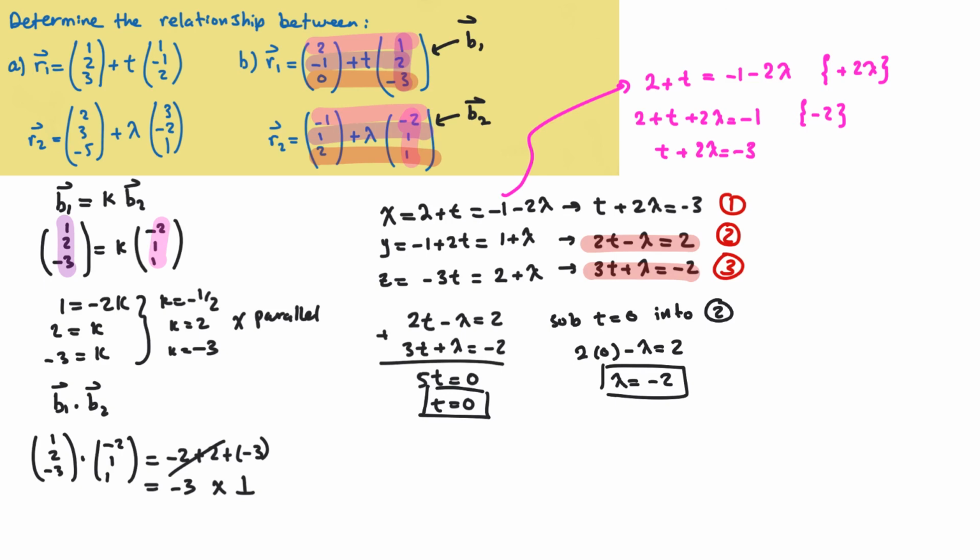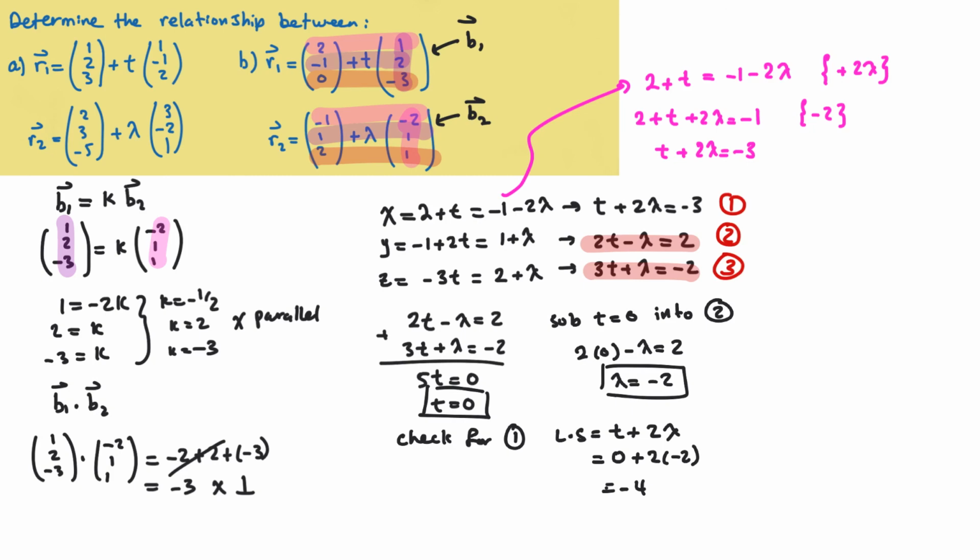So our first equation, check for equation 1. The left-hand side of that equation is t plus 2 lambda. The t value that we found was 0, and our lambda value was negative 2. So this will give us negative 4.